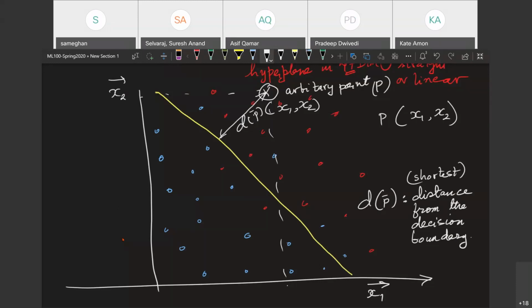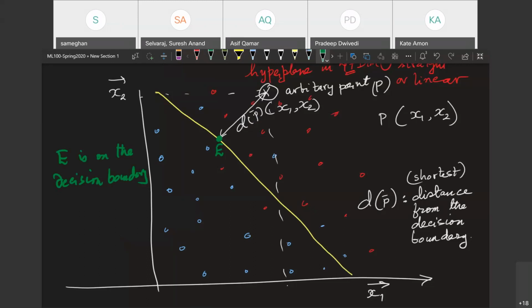Okay. Let me mark it with a point here. Let me call this point E. So E is on the decision boundary. So what is the probability that the data point E is a blueberry or a red berry?